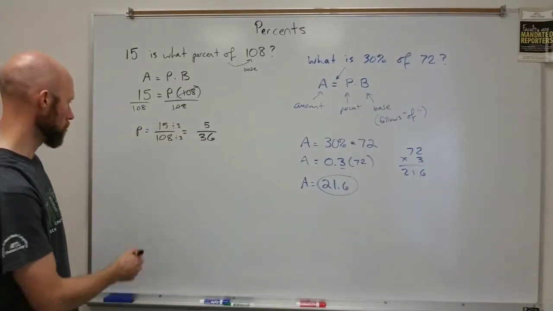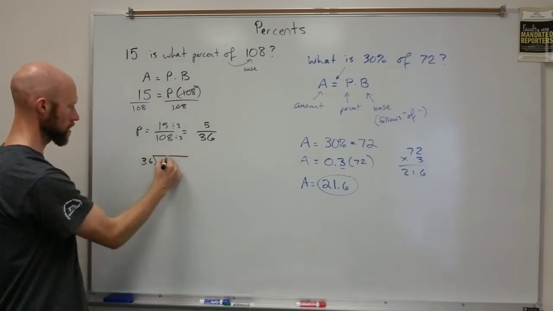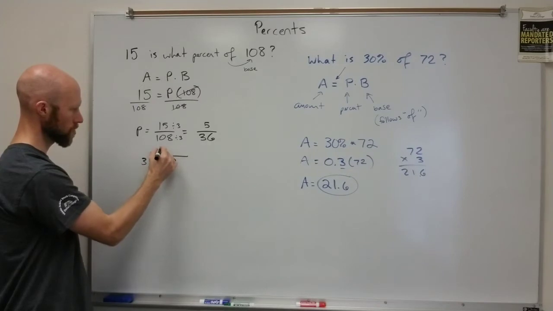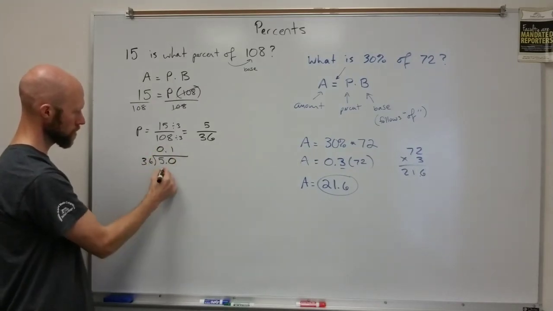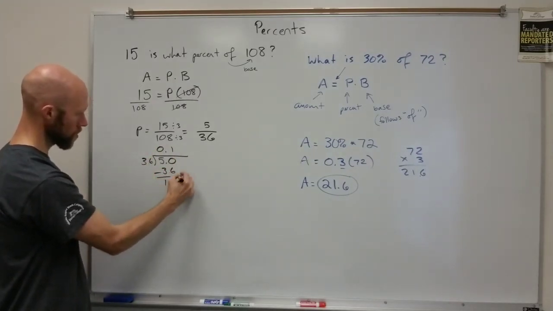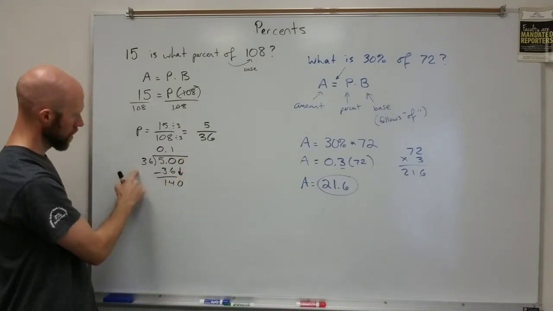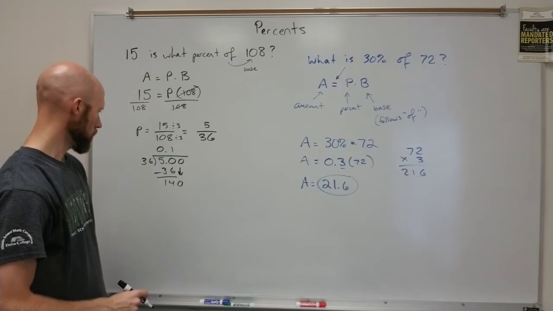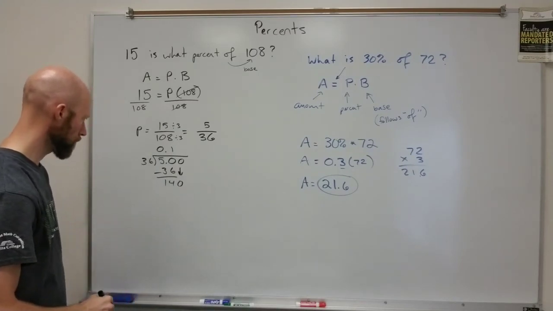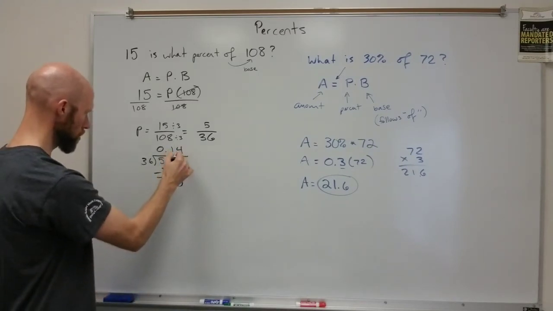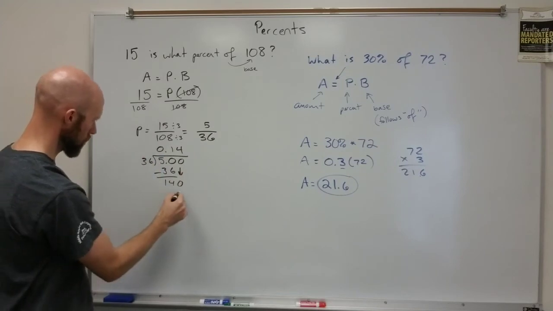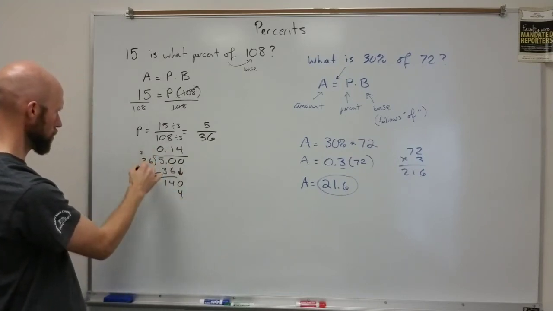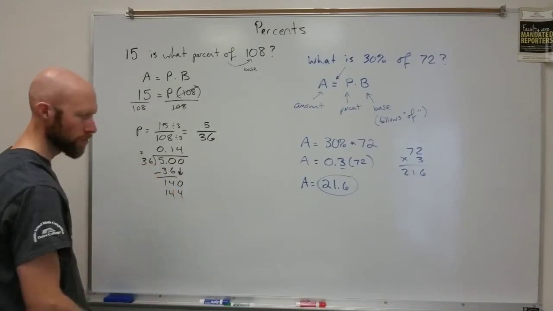And so I could do 36 into 5. It's going to be quite a bit simpler. It goes 1 times 36, remainder 14, bring down another 0. 36 goes into 140. It's not quite 5 times. It's probably 4 times. 4 times 6 is 24. 4 times 3 is 12, it'd be 144, really?